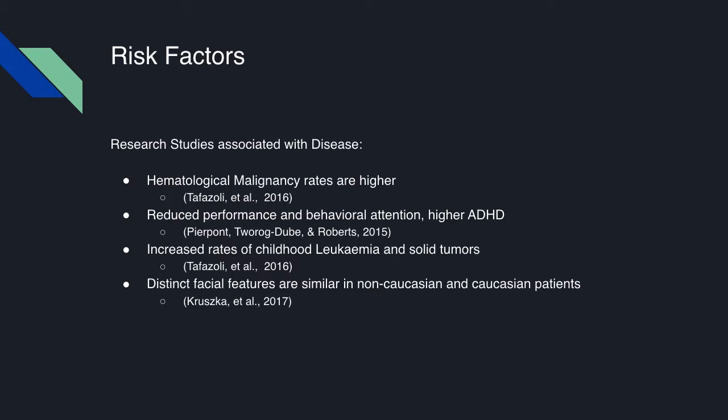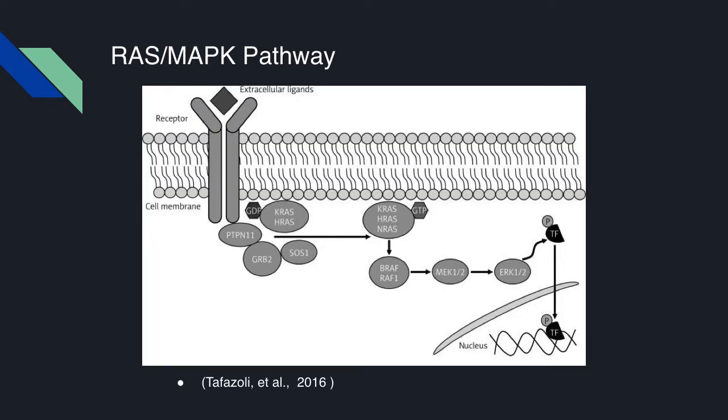There are also increased rates of childhood leukemia and solid tumors. And then there was another study that found distinct facial features that are similar in non-Caucasian and Caucasian patients as well. I keep talking about this RAS pathway that is being affected by these certain genes.